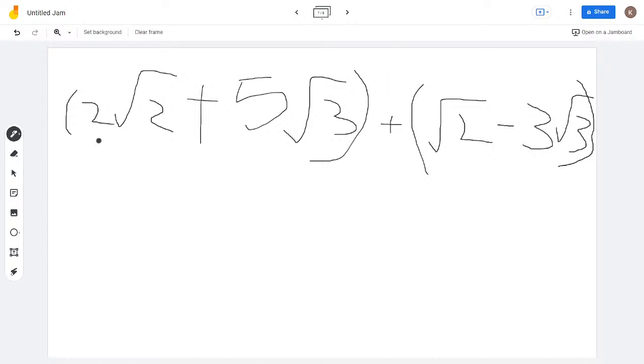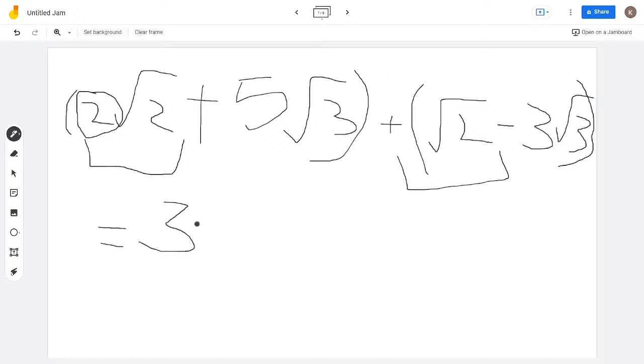Now we see that the terms containing root 2 are 2 root 2 and root 2. There are 2 root 2 here and 1 root 2 here, and if we add them, we get 3 root 2. In a similar way, we add terms like 2x plus 3x equals 5x.